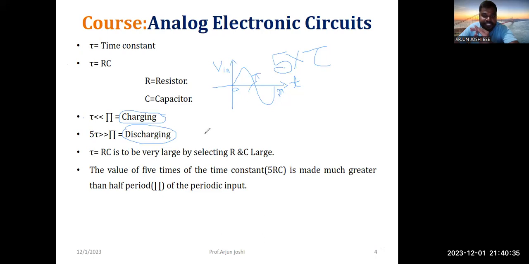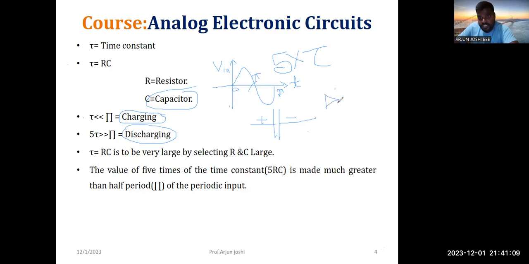It should maintain some voltage level, plus or minus, during the negative half cycle also, because of the discharging capacitor. This plus-minus polarity will change according to the position of the diode.